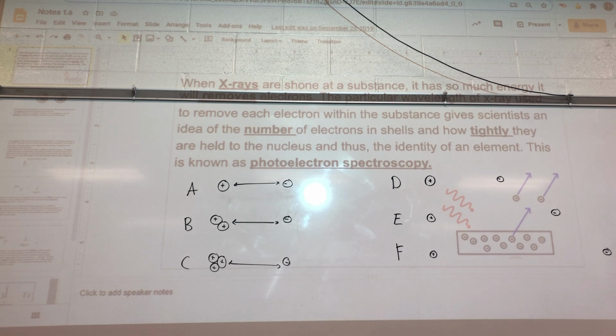I said D because it's stronger with magnets. If you have magnets that are facing each other, they'll be able to pull each other as well, and they'll attract higher.